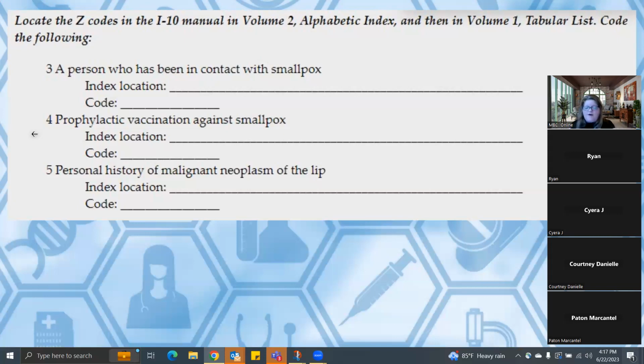While our scenario says lip, I think our best option is oral cavity, your mouth, right? Oral cavity, specified site, not elsewhere classified. Very good. So it's bringing me to like Z85 and some change.